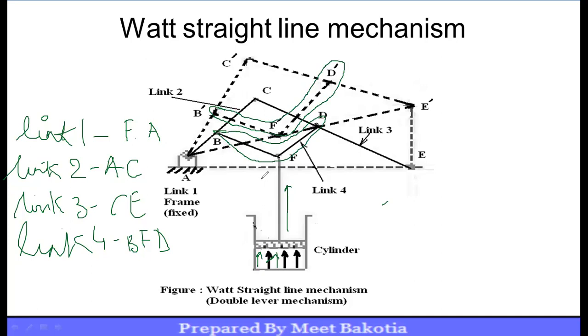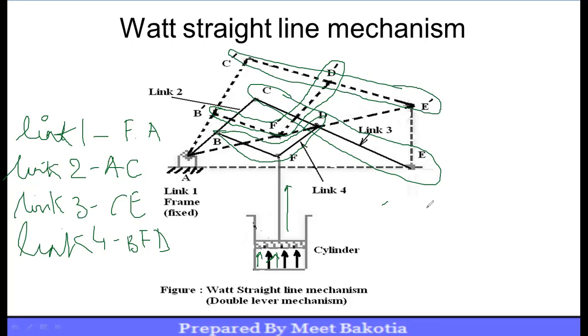Because of that, the other lever which we have, CE, is going to take the new position C dash E dash. While the piston moves upward and downward inside the cylinder, this E dash will always be in an approximately straight line. Hence, we always call this the straight line mechanism.